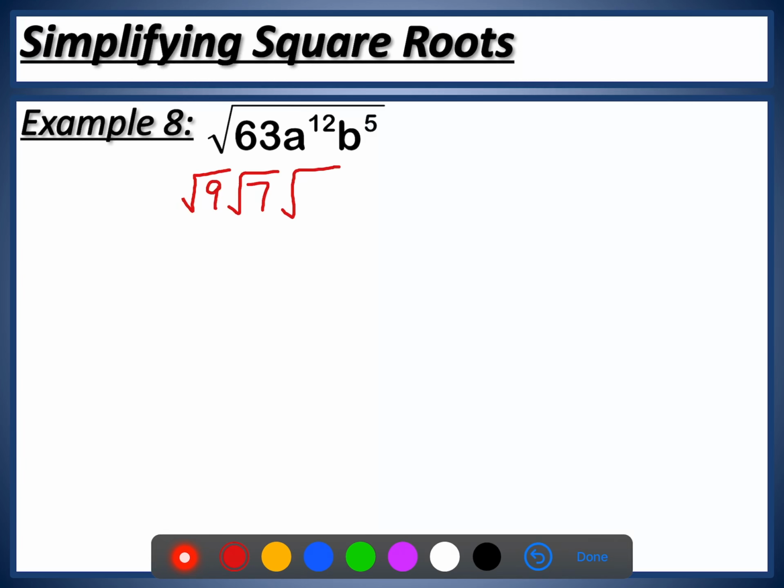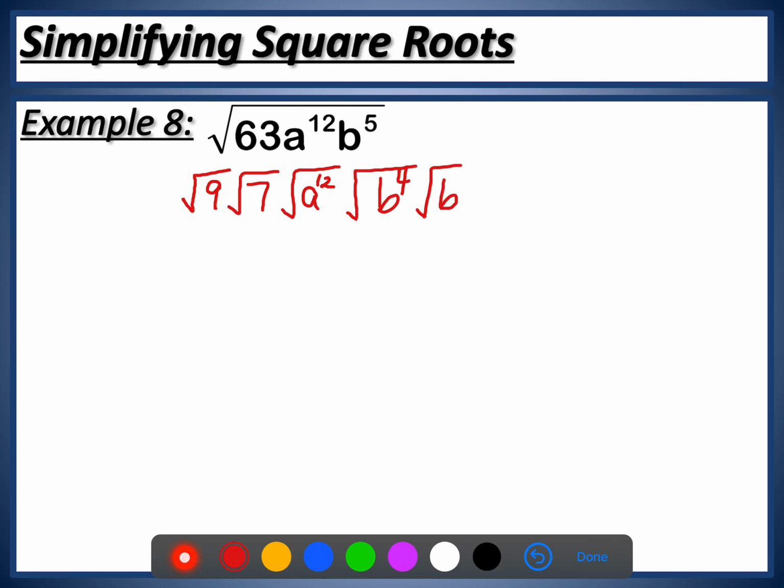Okay, 12 is already an even number that is ready to be simplified. And b to the 5th, well, I'm going to use b to the 4th and b, because that is the closest even number that is smaller than what I started with. Okay, it's just a coincidence that 4 is a traditional perfect square and also an even number, because that's what we're looking for with the exponents.